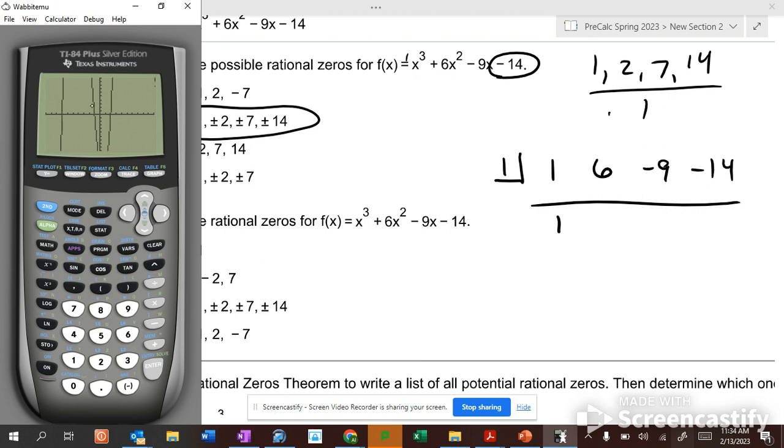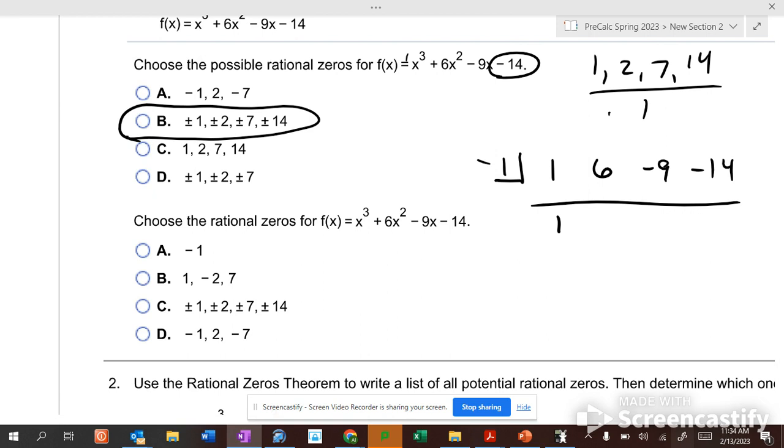It looks like negative 1 and 2 are both roots, and then like negative 7. So let's try a negative 1, see if it works. Negative 1 times 1 is negative 1, gives us 5, gives us negative 5, gives us negative 14, gives us 14, gives us 0. That worked.